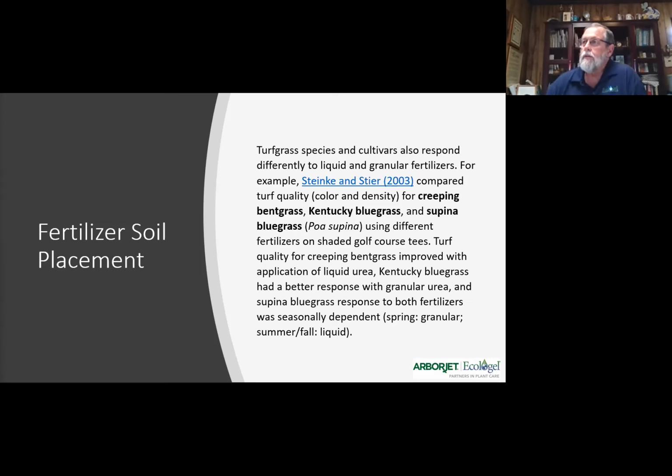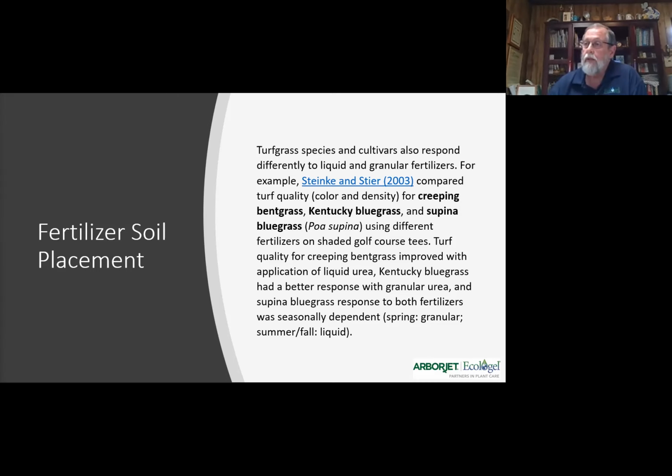Now, this is a study that Steinke and Stier did that looked at bentgrass, Kentucky bluegrass, and Poa supina, a supina bluegrass version of it. And these were on golf course tees, but again, it gives you an important response at how each grass responds to the kind of fertilizer you use. The Kentucky bluegrass had a better response to granular urea than, say, bentgrass that did better with a liquid.